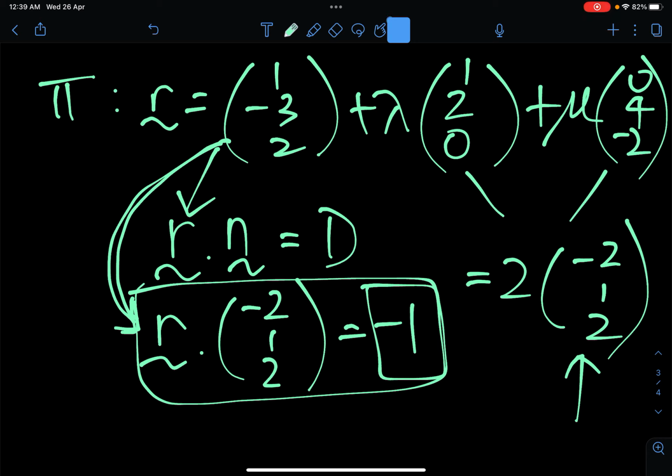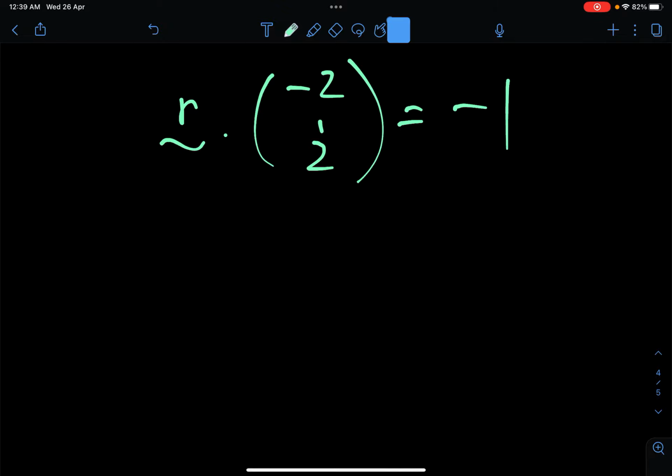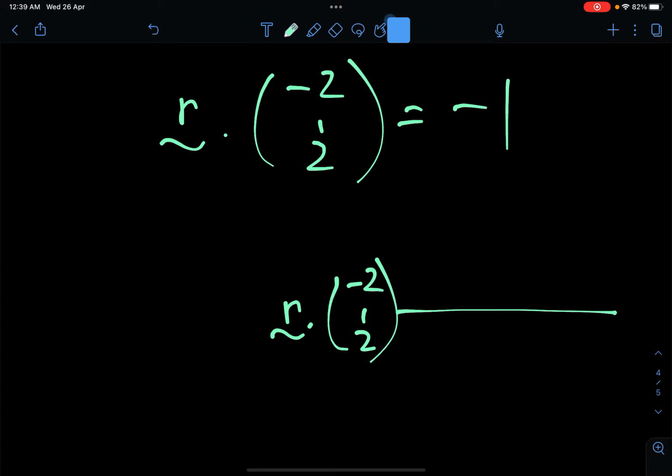Let me just write this: R dot (minus 2, 1, 2) equals negative 1. This is the equation of this middle plane.